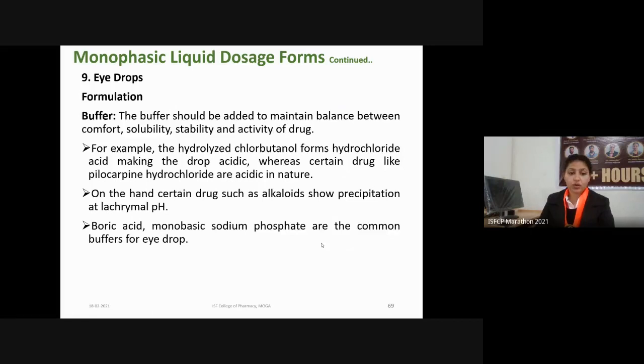On the other hand, certain drugs such as alkaloids show precipitation at lacrimal pH. Boric acid and monobasic sodium phosphate are the common buffers that we use in the preparation of eye drops.